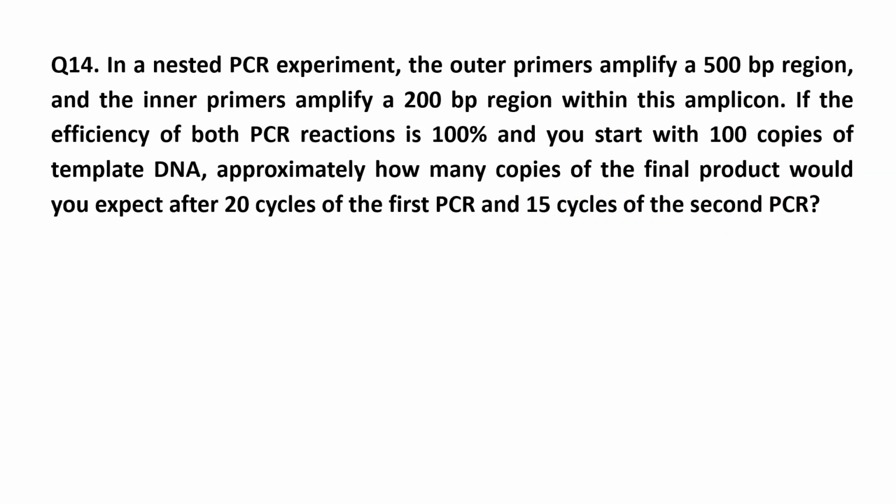In a nested PCR, the outer primers amplify a 500 base pair region, and the inner primers amplify a 200 base pair region within this amplicon. If the efficiency of both the PCR reactions is 100%, you start with 100 copies of the template DNA.